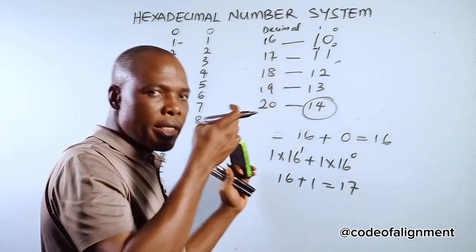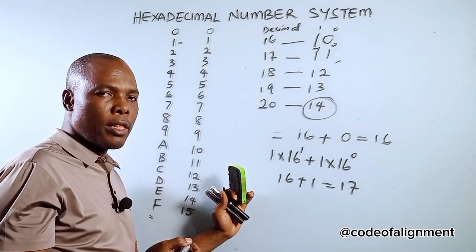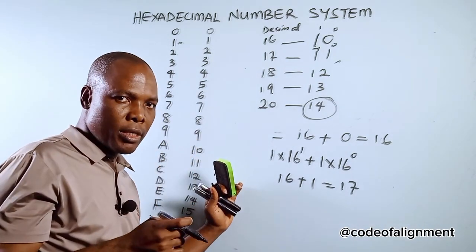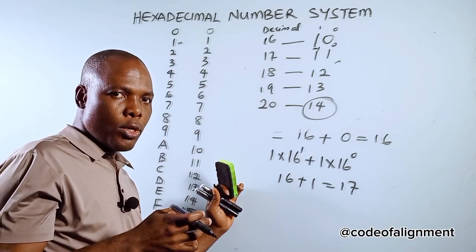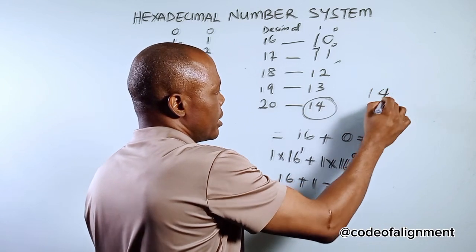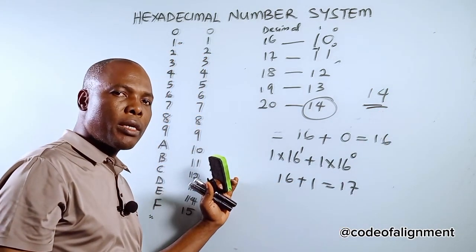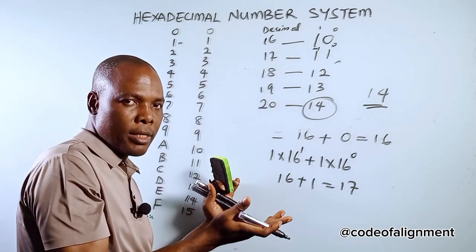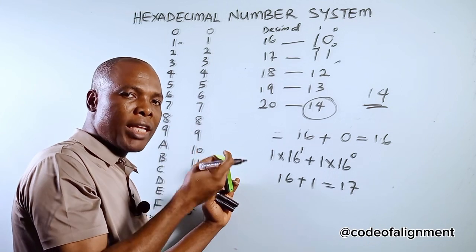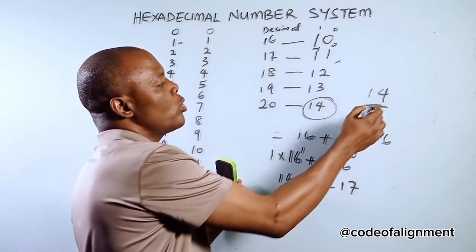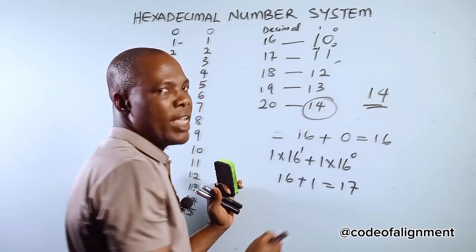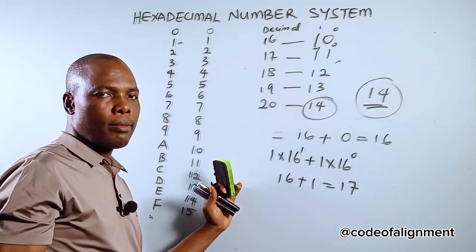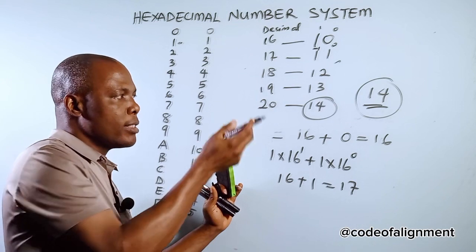So you can see the meaning is not in the symbol. The meaning is interpreted based on the base. So if I write 14 on the screen and I ask you what is the meaning, the real answer is nothing. It doesn't mean anything until I tell you the lens you are going to use to look. If I tell you to look at this symbol through the lens of hexadecimal, that means this is 20.